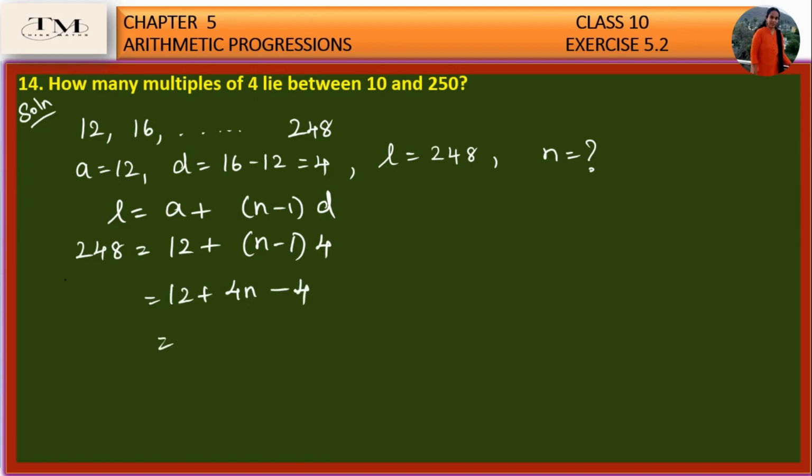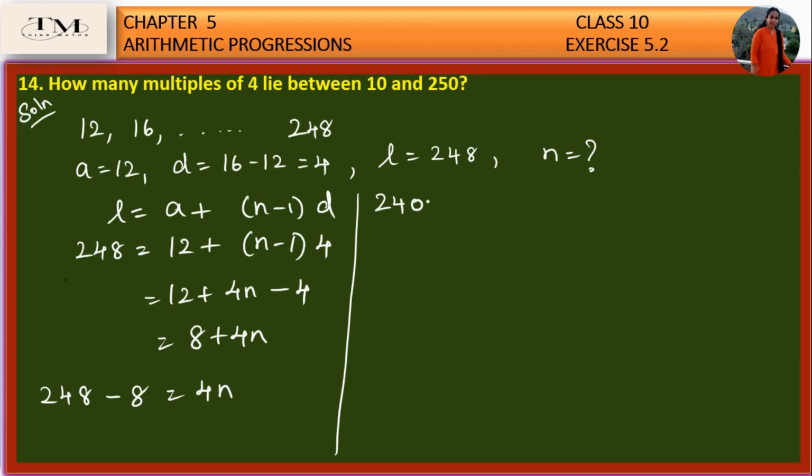What is 12 minus 4? 12 minus 4 is 8. So 8 plus 4n. Keeping the 4n here, on the other side I have 248. This plus 8 will become minus 8. So 248 minus 8 is 240 equal to 4n. This can also be written as 4n equal to 240. Both are same. So n will be equal to 240 divided by 4.